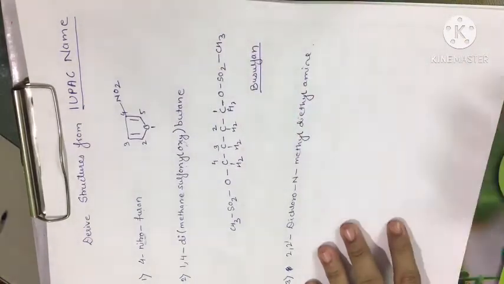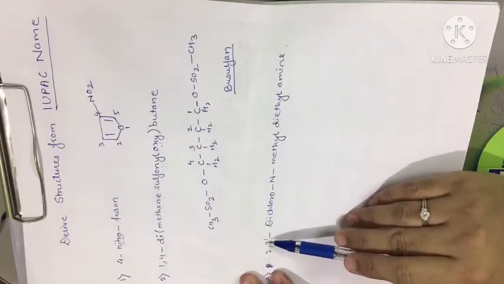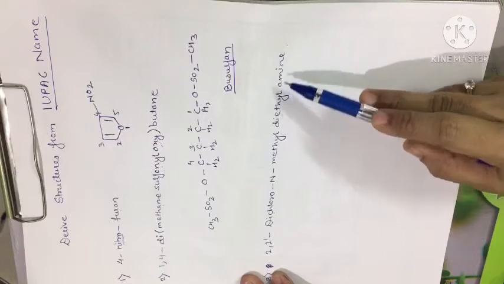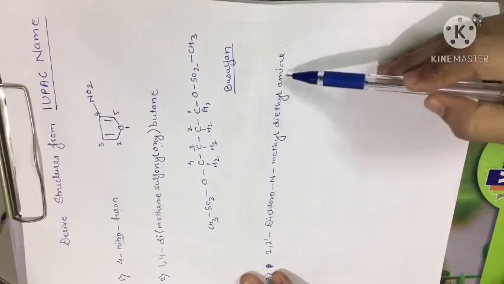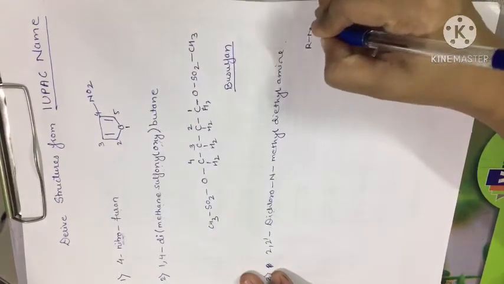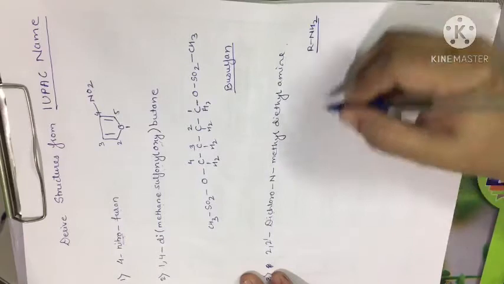Let us move on to the next structure. Here I am having 2,2'-dichloro-N-methyldiethylamine. Now this is my root, amine. Amine is generally RNH2. So I will write down the structure of amine.